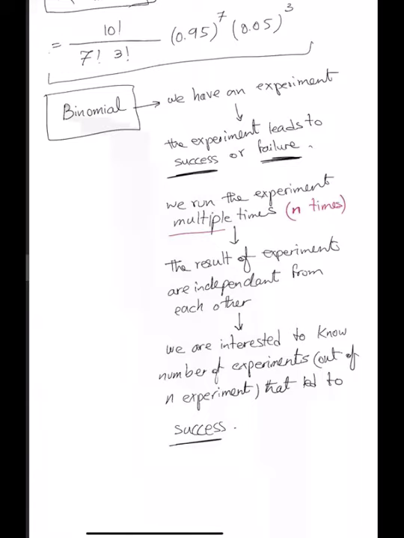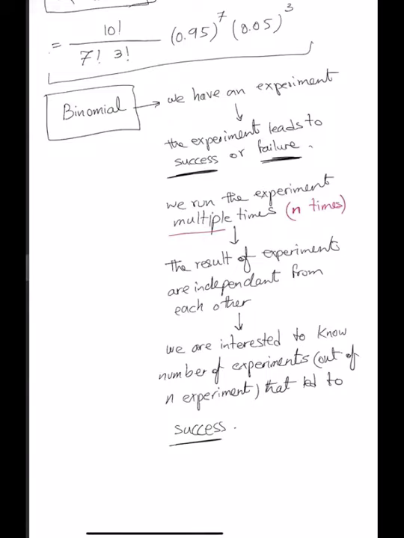It's not that 15 has more chance than 10. So in that scenario, uniform distribution is the one that you use.